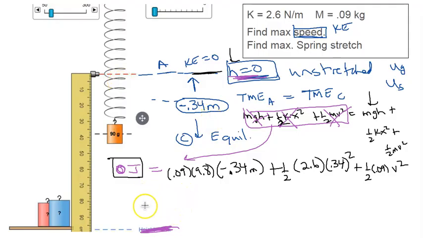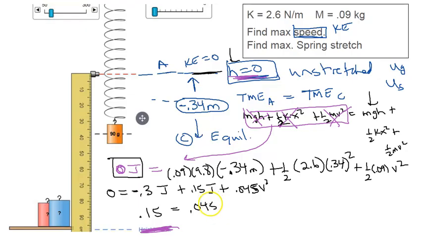All right, and then the numbers come out to be 0 equals negative 0.3 joules plus positive 0.15 stored in the spring, plus we don't know yet velocity squared. Okay, and then you get 0.15, bringing these over to the other side, equals 0.045 v squared.